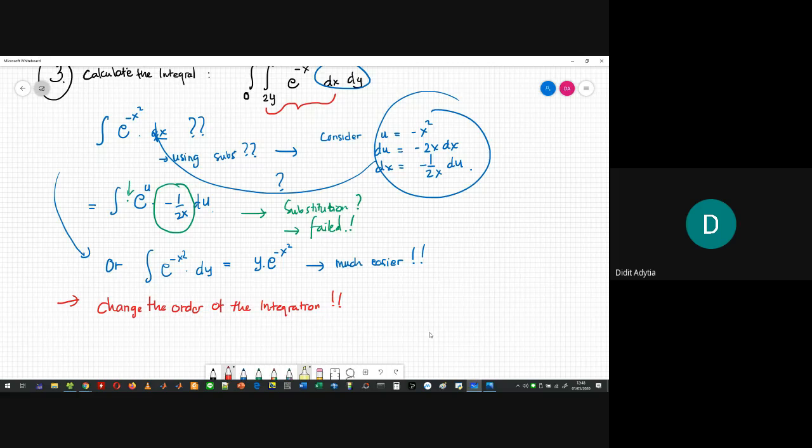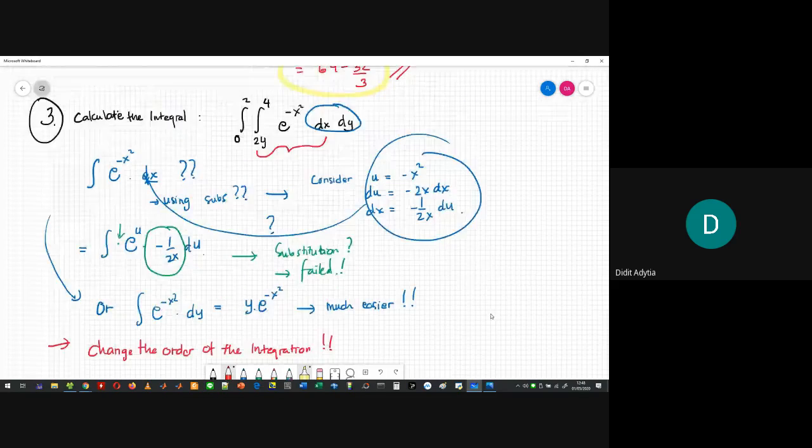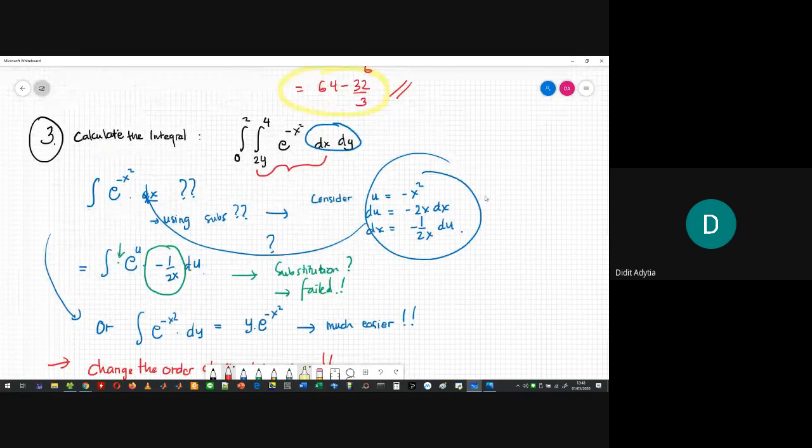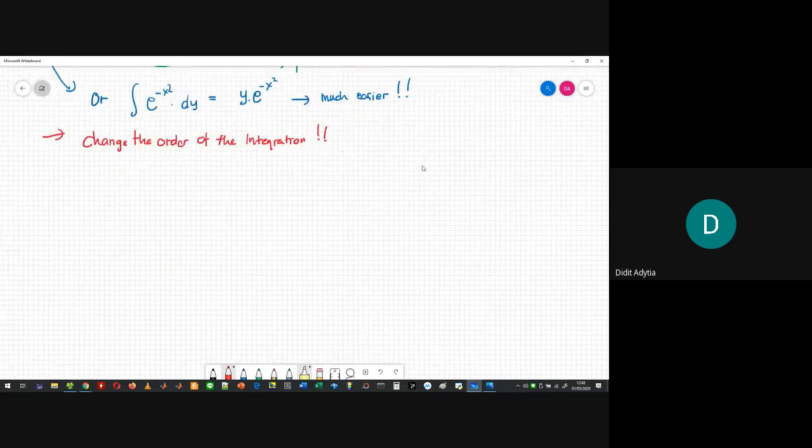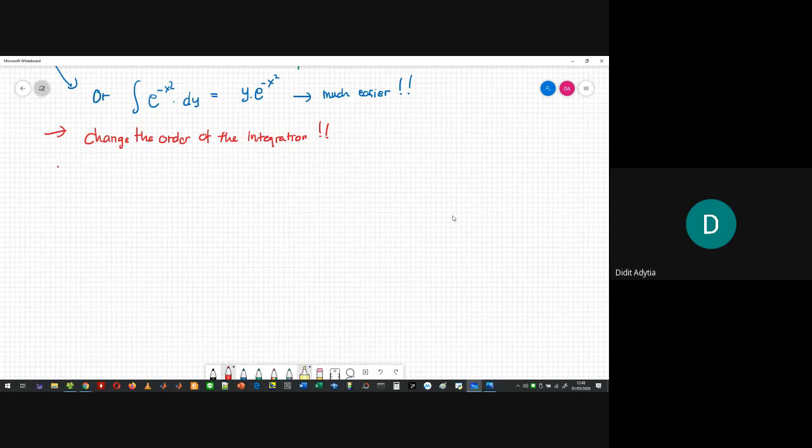How do we do it? First of all, what you need to do is draw the area of integration.